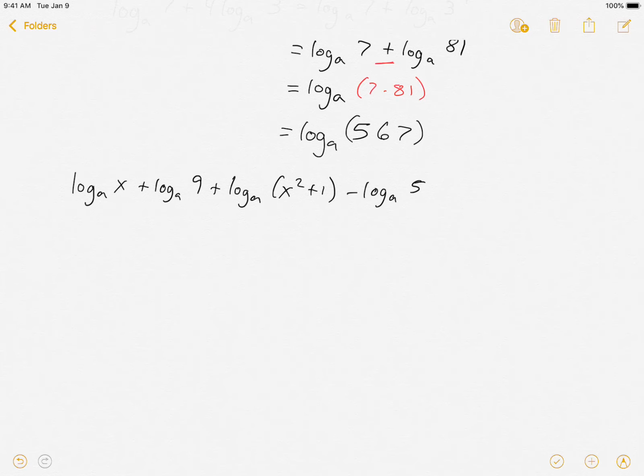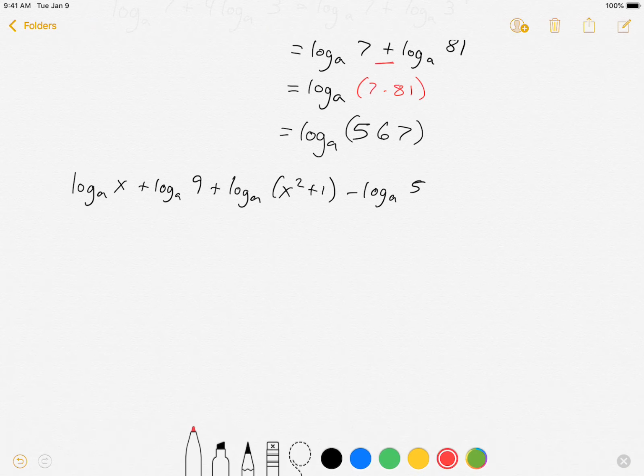We have these three that are added, so they'll all be multiplied, and this one is subtracted, so it would be divided. So it would be log base a of 9x times x squared plus 1. Those are all added, so they'll all be multiplied together, then divided by 5. Okay?